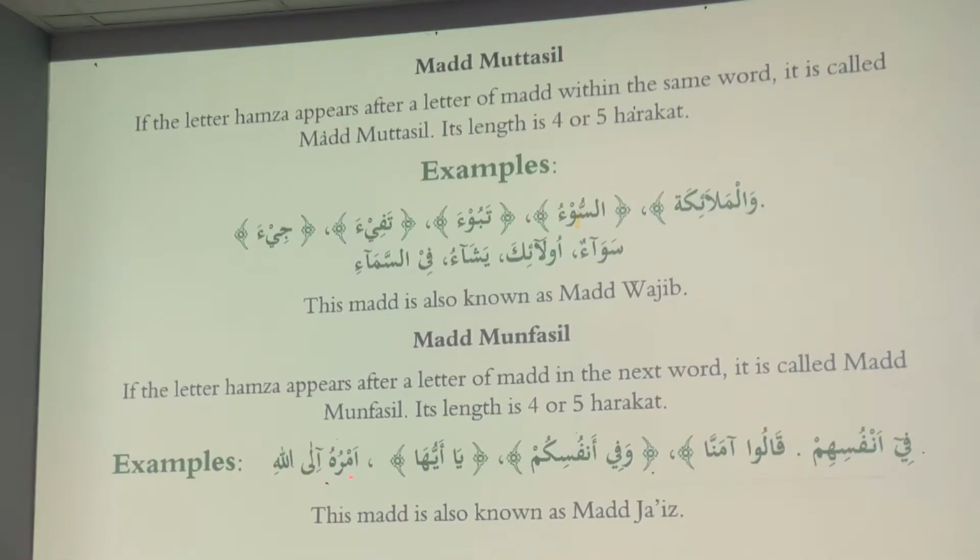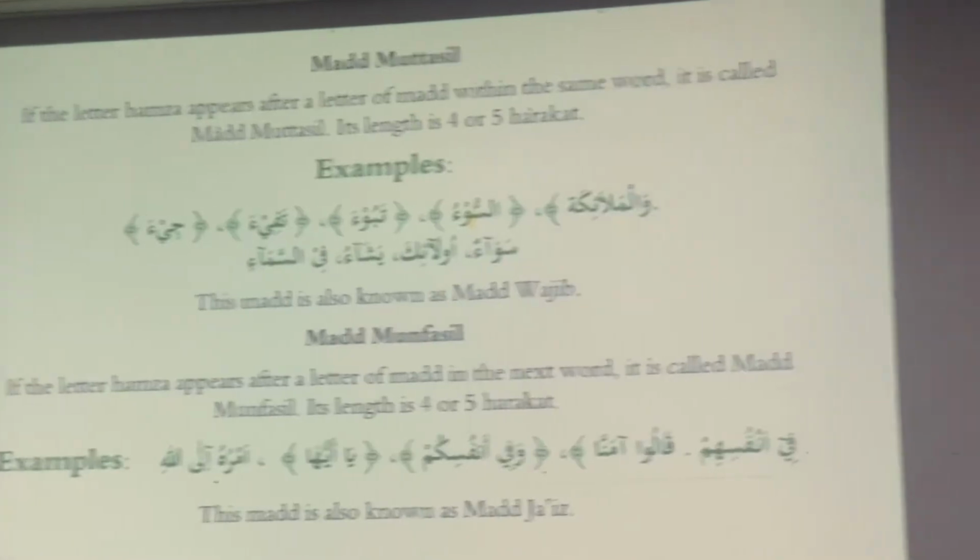Ha has an ulta pesh, and ulta pesh is actually a letter of mad. We mentioned that khada zabar, khada zer and ulta pesh, these three are also letters of mad. After a letter of mad, if there is a hamza, you need to make either muttasil or munfasil. If in the same word, muttasil; in the next word, munfasil.